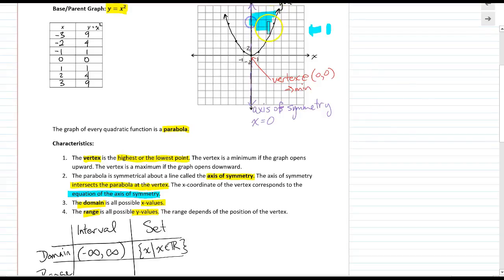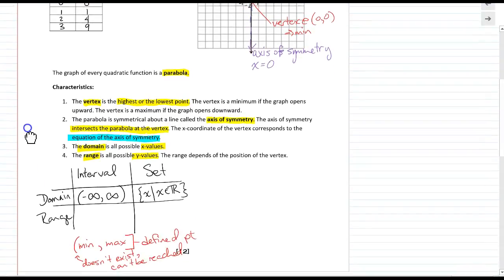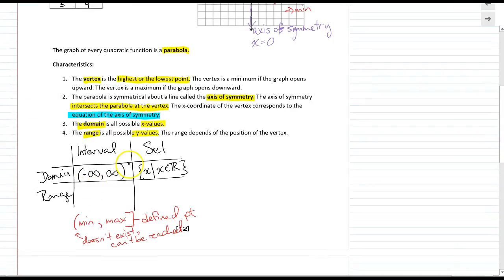Well, we get a shadow all through here, and it would keep going forever upwards. Because of that, and our shadow stopped at 0, we can conclude that our range also stops at 0 and can be anything above it. So it's got a minimum value, and that minimum value is defined, it's 0. Our maximum is positive infinity because we could keep going up and up forever.